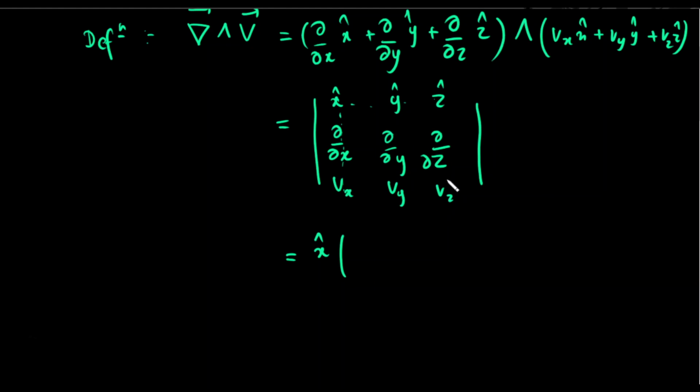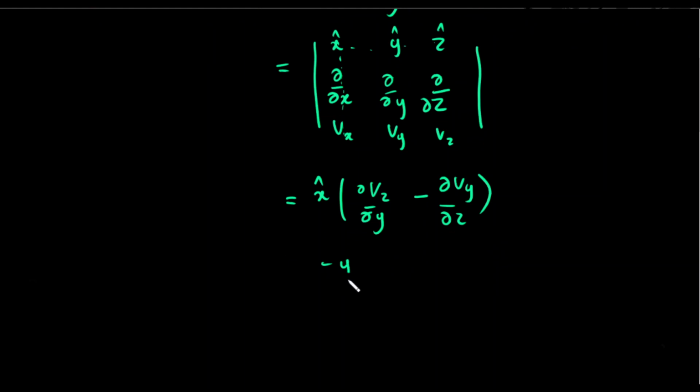This forms a matrix, and you have to get the determinant of these four elements. So you have del Vz over del y minus del Vy over del z.